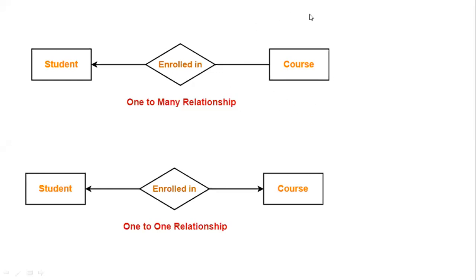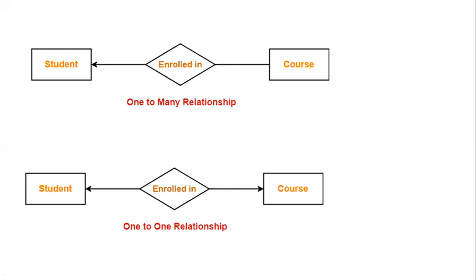Many courses are available, but one student can take one course from among them. So from student to enrolled in, the mapping cardinality is one, and from enrolled in to course, the mapping cardinality is many. As a number of courses are available but only one is enrolled for a particular student, one to many mapping cardinality applies here.